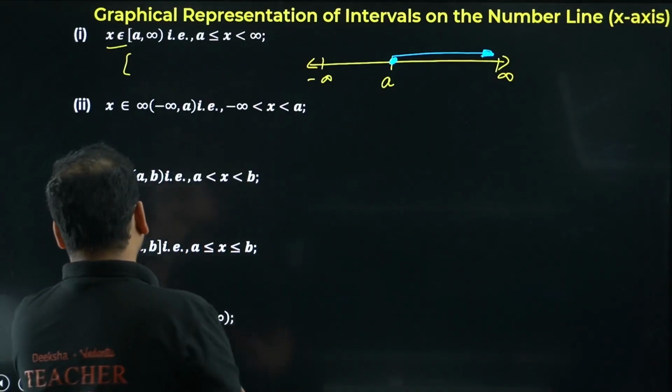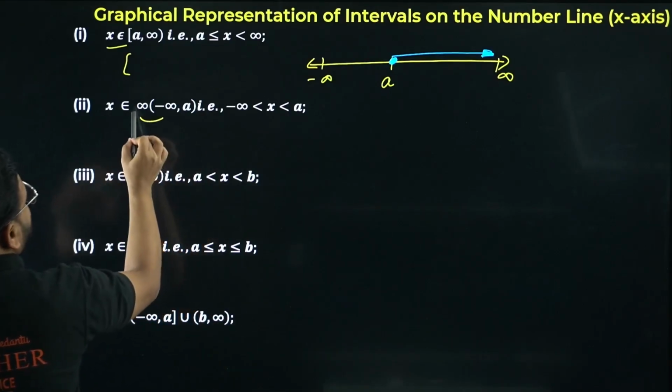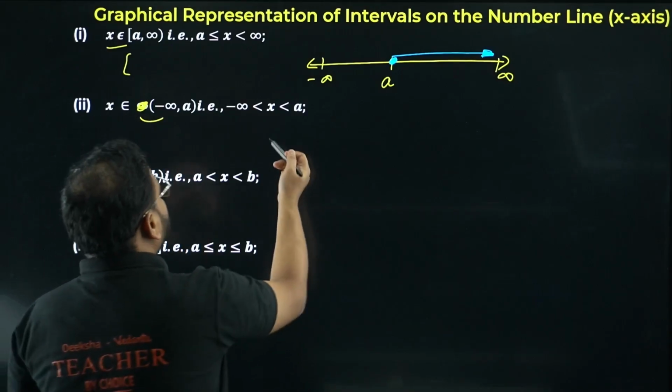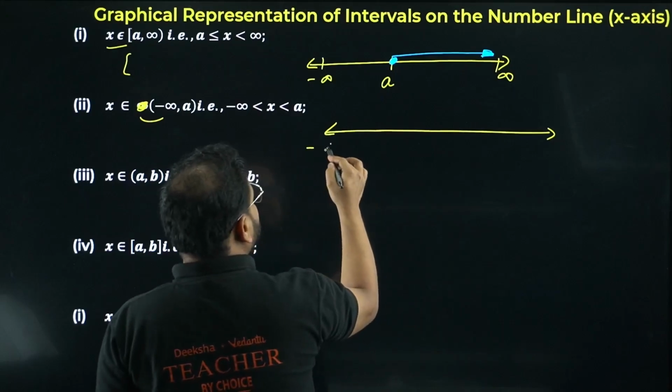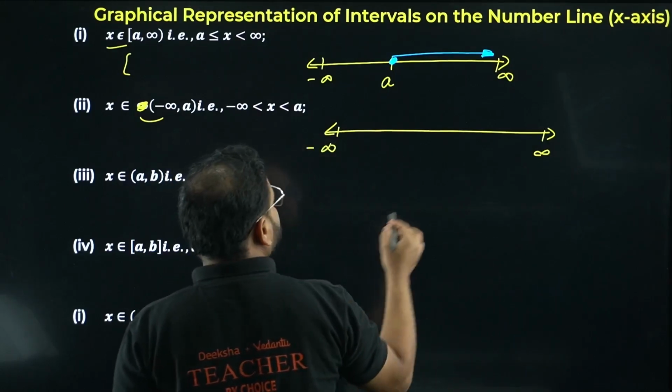What we have is x belongs to negative infinity to a. Of course, the number line will come. You'll have this side as negative infinity, this side as positive infinity, and the number a somewhere.